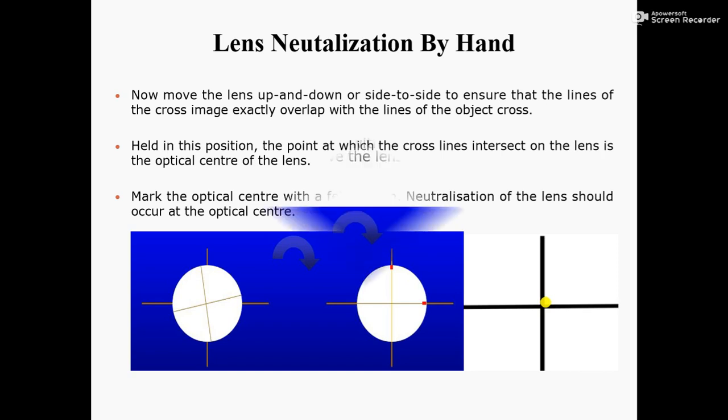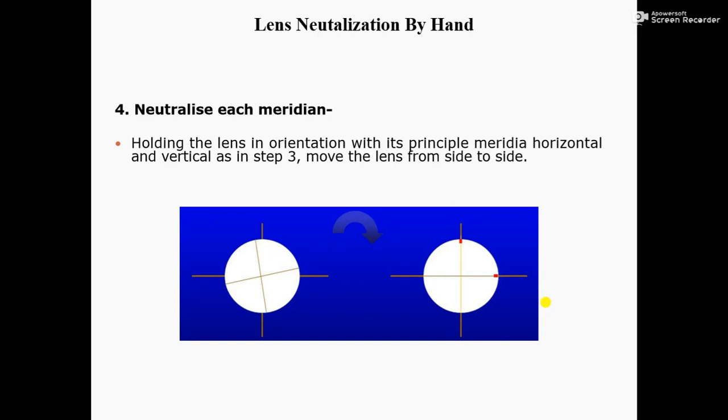Next, neutralize each meridian, holding the lens in orientation with its principal meridian horizontal and vertical as in step 3. Move the lens from side to side.